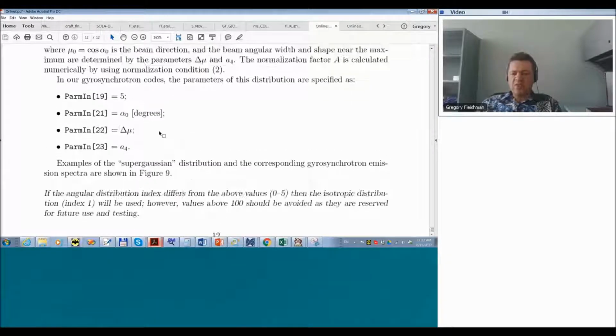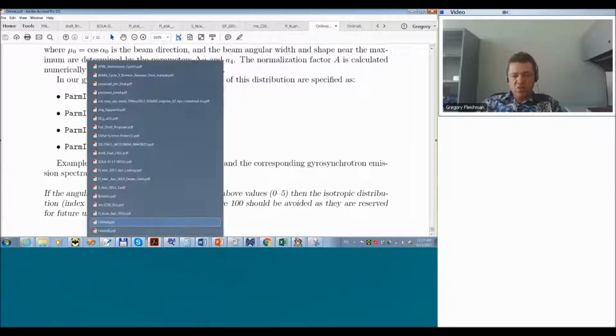So the idea is to carefully go one by one, and make the codes for all these functions, and create a mechanism for how the code will distinguish which distribution function to use depending on input parameters.